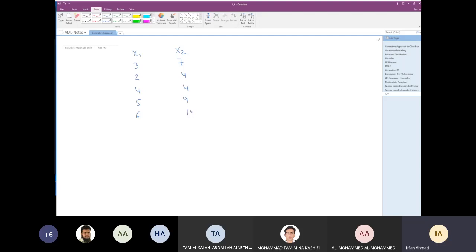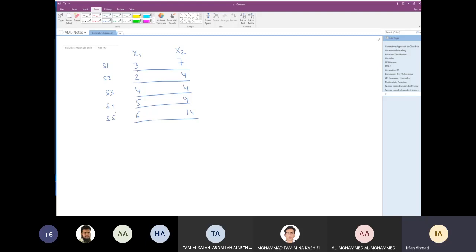I have 5 samples and these are the values. For sample 1, these are the x1, x2. Sample 2, these are the x1, x2, and likewise for sample 3, sample 4, and sample 5. Let's write it down: sample 1, sample 2, sample 3, sample 4, sample 5. Assuming all these samples are for one class.